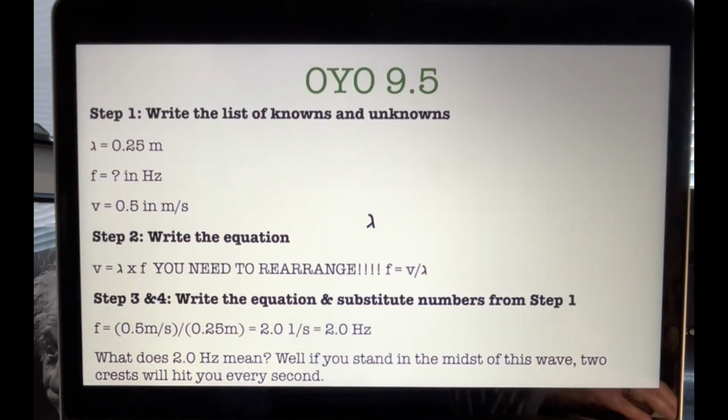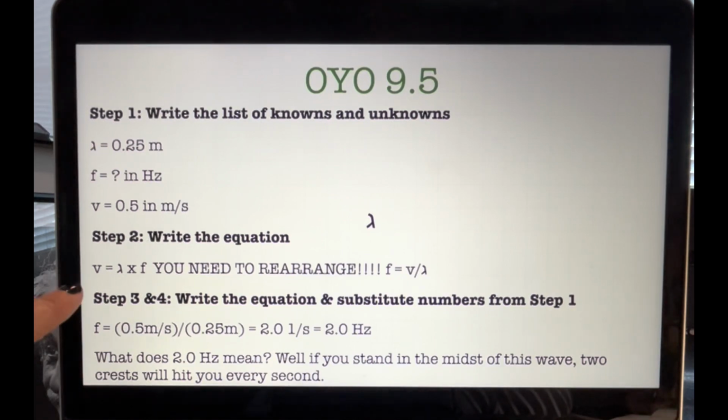On your own, 9.5, suppose you are waiting on a beach that is experiencing waves that move with a speed of 0.5 meters per second and have a wavelength of 0.25 meters. If you stood still, how many waves would hit you every second? Again, what do we know? The wavelength is 0.25 meters. We don't know the frequency, and we know the speed is 0.5 meters per second. Write out the equation. We have the speed equals the wavelength times the frequency.